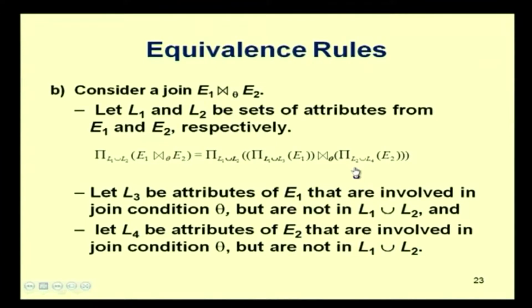Now, what are this L3 and L4? L3 are the attributes of E1 that are involved in the join condition theta, but are not in L1 union L2, and L4 similarly are the attributes of E2 that are involved in the theta join, but are not in L1 union L2. So, this is a very different, not an intuitive way of expressing these things.